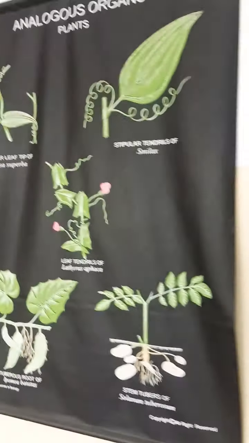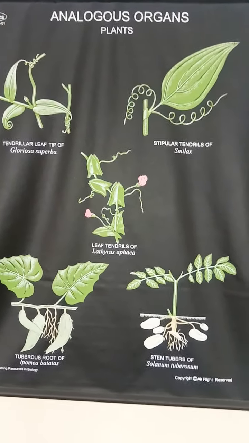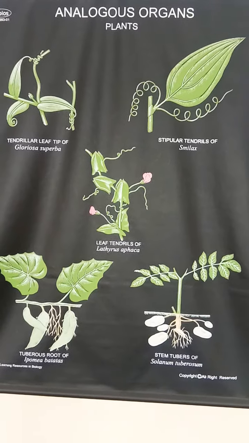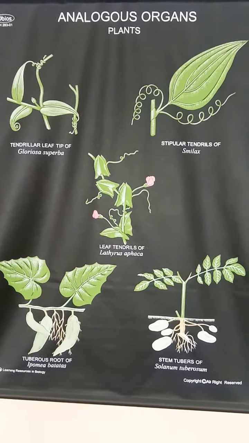Now we are coming to analogous organs in plants. As I have told you, the organs that have same function but different structure are called analogous organs.